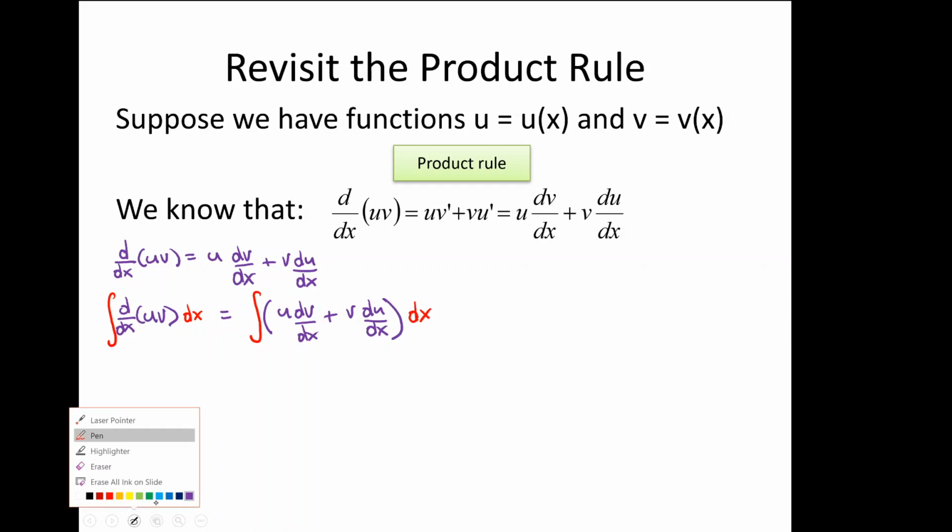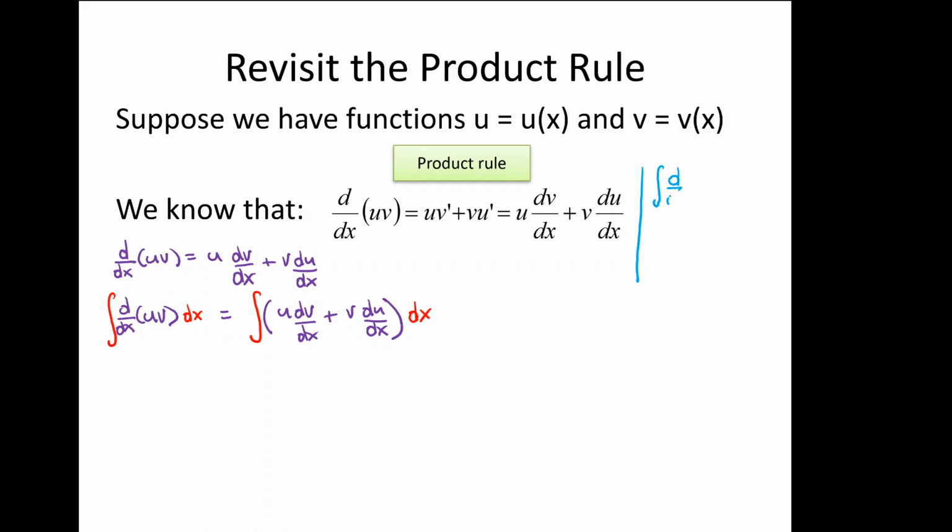So this might look dumb in what I'm about to write, but hopefully it's instructive. What is the antiderivative of the derivative of x squared? Well, we can do that one by taking the derivative of x squared, so doing the inner operation first. The derivative of x squared is 2x. And now we take the antiderivative of 2x, which is x squared.